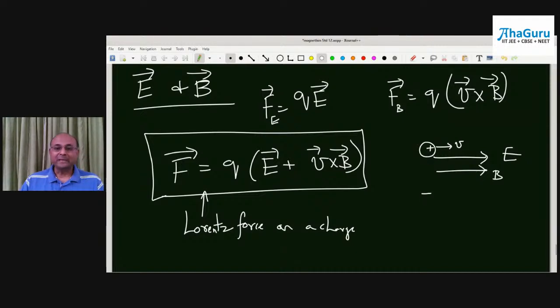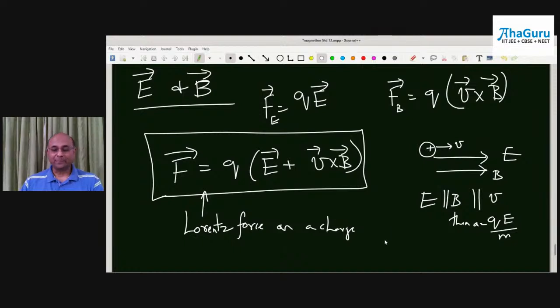So if E is parallel to B, and V is also parallel, all three are parallel, then the only force is QE, and so acceleration is QE by M. It's going to be straight line motion. The B won't even matter because the velocity will always be in this direction.